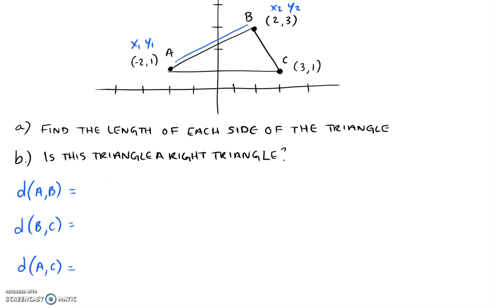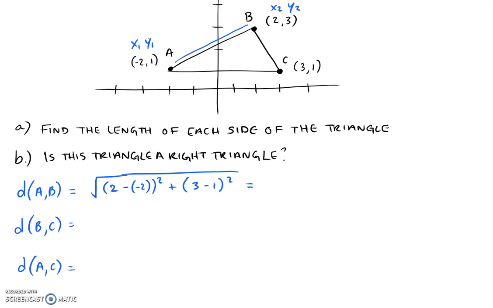Now we can simply plug those values into our distance formula, which basically states x2, which is 2 in this case, minus x1, which is negative 2 in this case, squared, plus y2, which is 3 in this case, minus y1, which is 1 in this case, squared, all under square root.